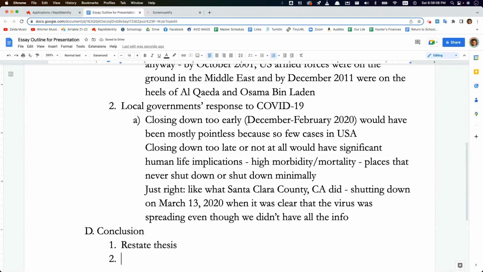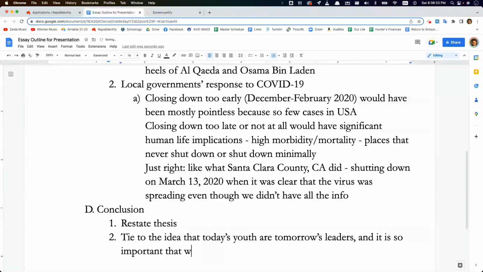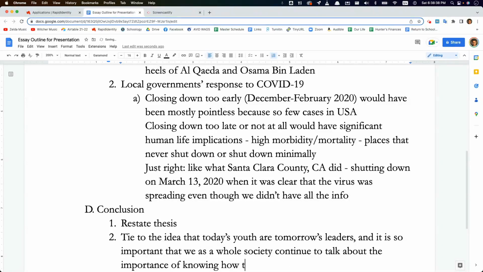And then I think I would want to tie to this idea that today's youth are tomorrow's leaders, and it is so important that we as a whole society continue to talk about the importance of knowing how to make timely decisions.